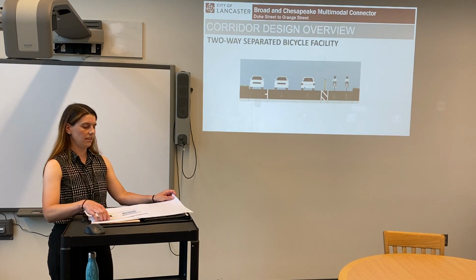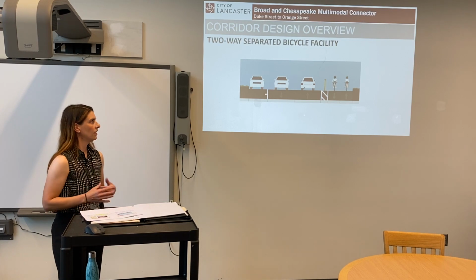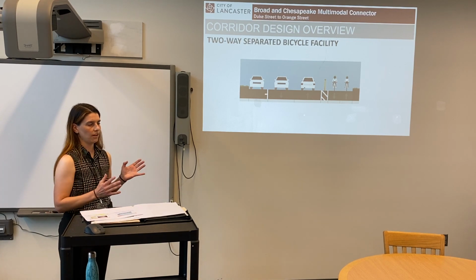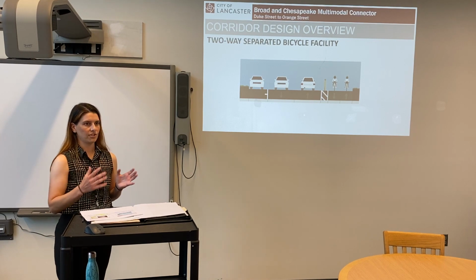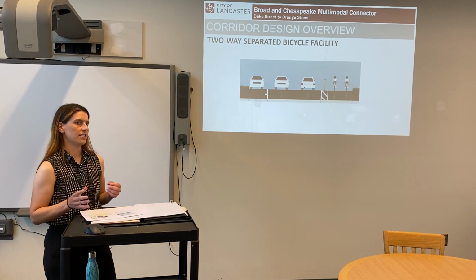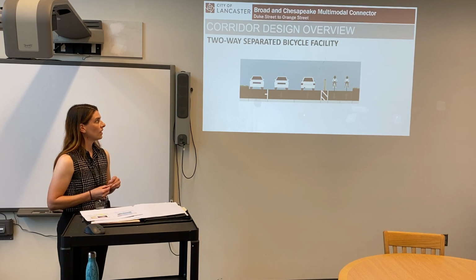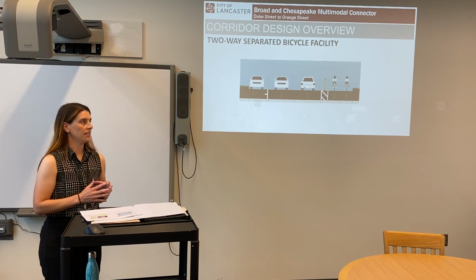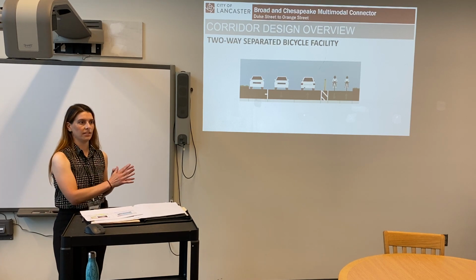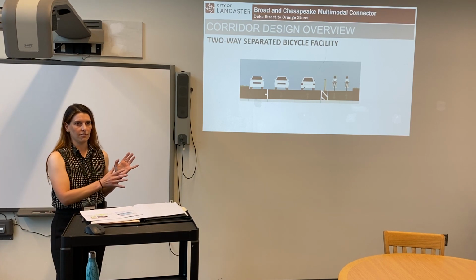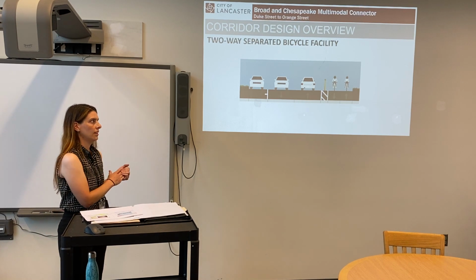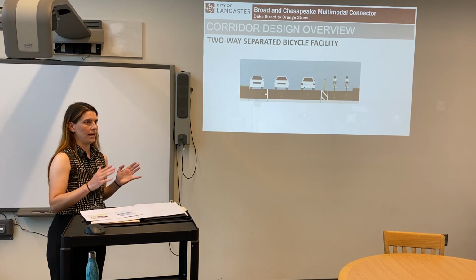So this slide here is going to step through an example typical section. This is just a sample of the typical sections we'll be showing along the 4 different sections of the corridor. But all of them will be consistent where they have the bicycle facility on the south side of the roadway on Chesapeake between South Duke Street and Almanac Avenue.